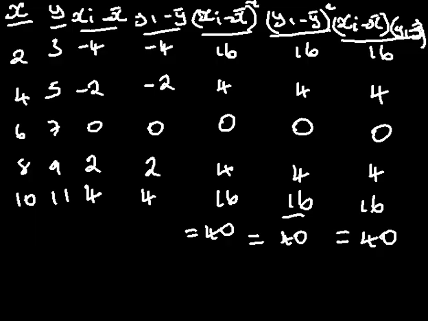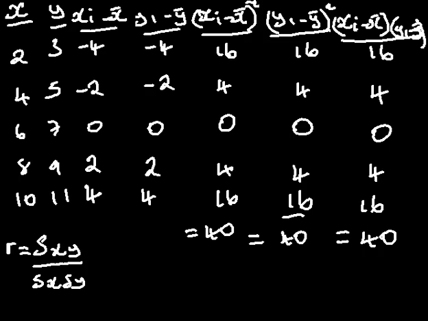Now back to the formulas that we need. So we understand what the formula is for the correlation coefficient. We said it is given as covariance, which is s subscript xy, divided by sx and sy.